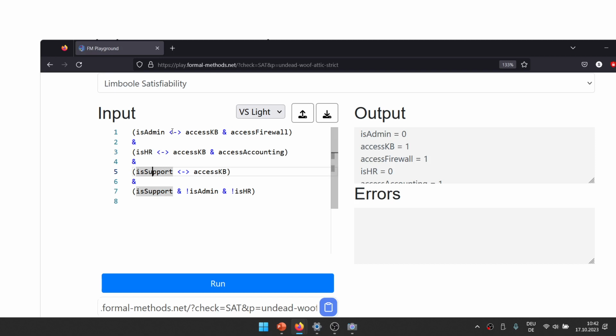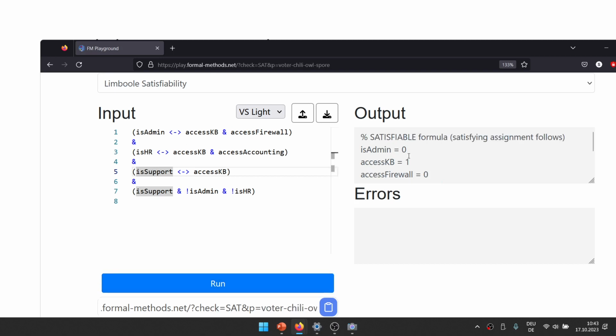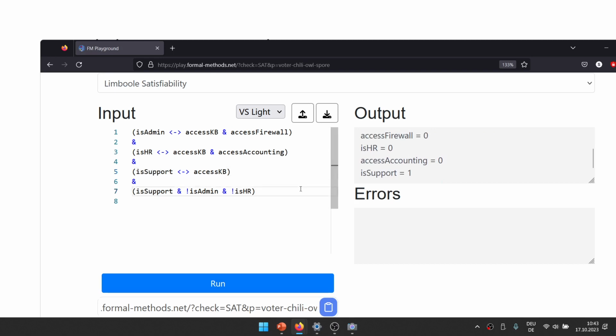Okay, so let's see. Now what would we get? We have access to the knowledge base. I'm not 100% sure what happens if some roles exist that accidentally have overlapping patterns in terms of the rights that they have. If then this if and only if.